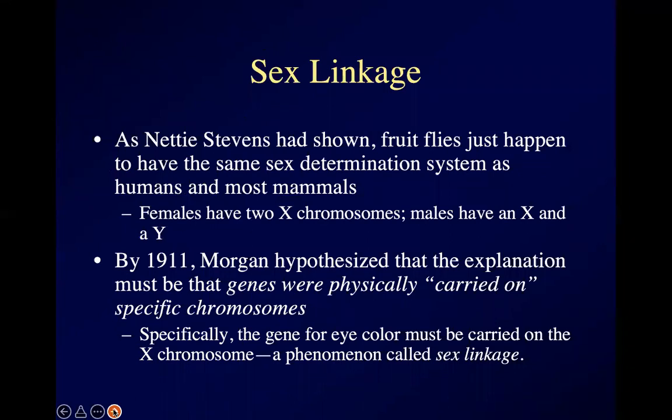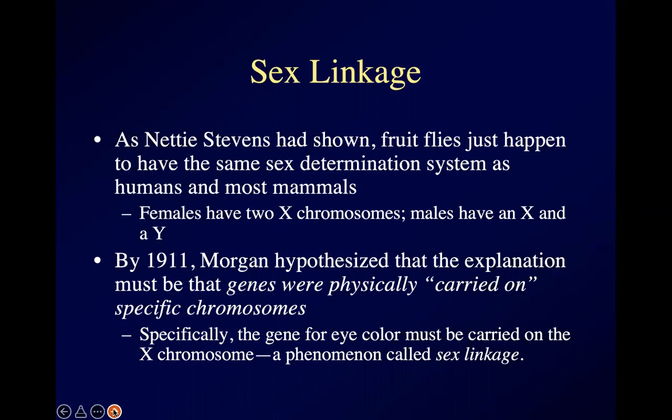Okay, so what's this got to do with fruit fly eye color? Morgan hypothesized that the reason why you got that weird sex bias when you crossed red-eyed and white-eyed fruit flies must be that the genes are physically being carried on specific chromosomes. Specifically, the gene for eye color must be physically located on the X chromosome.